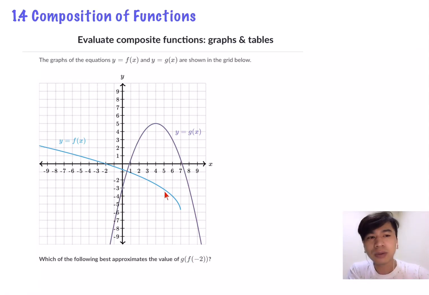F of negative 2 happens when x is equal to negative 2, which is 0. Why does everybody love 0? So you have 0 over here. What is g of 0? G of 0 happens when x equals 0, then you get negative 3. So this one will be equal to negative 3. As simple as that.